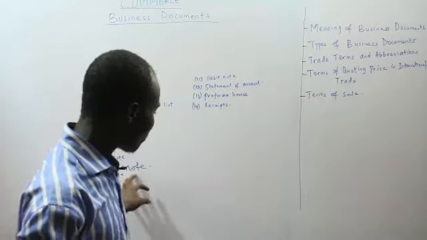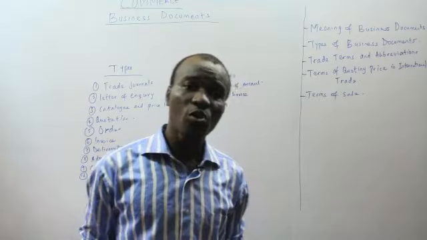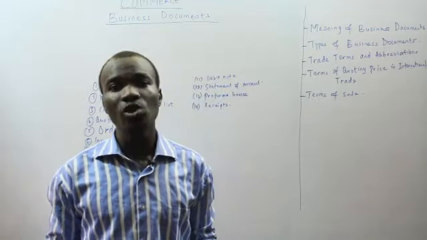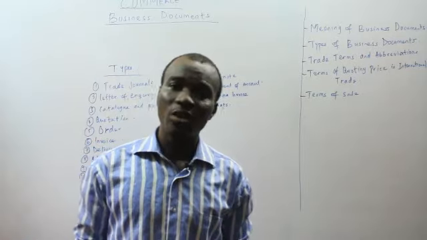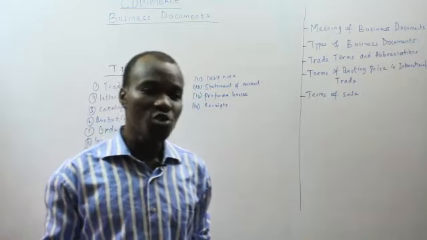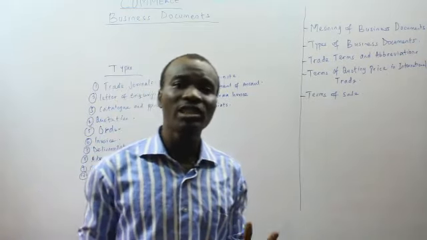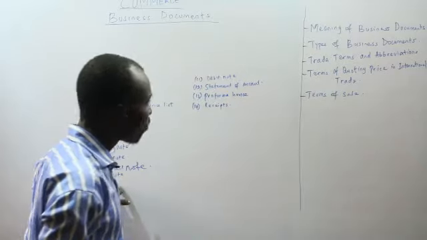So let's talk about the uses of the credit note. It's used to correct an overcharge in the invoice. Once there is an overcharge in the invoice, we use the credit note to correct such an overcharge. And also, the credit note is used to reduce the indebtedness of the buyer. So we have a lot of uses of the credit note.